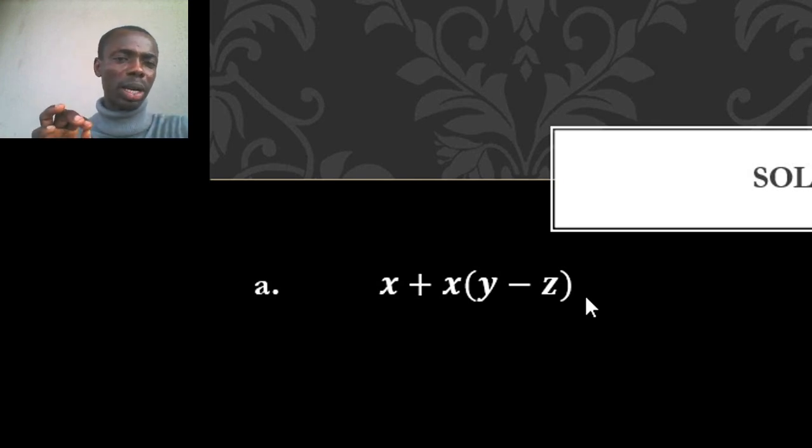Now, when I say terms, I can see a lot of terms here, but the number of terms is based on the multiplication sign. Take for instance, this is an x, and x is just alone here. It's not multiplying anything, probably multiplying an invisible one.